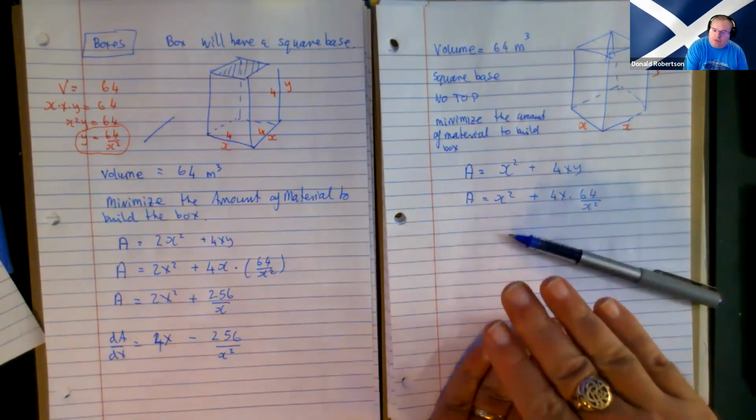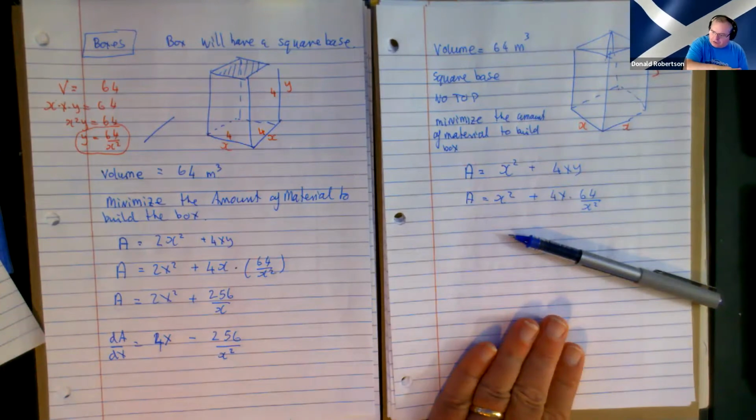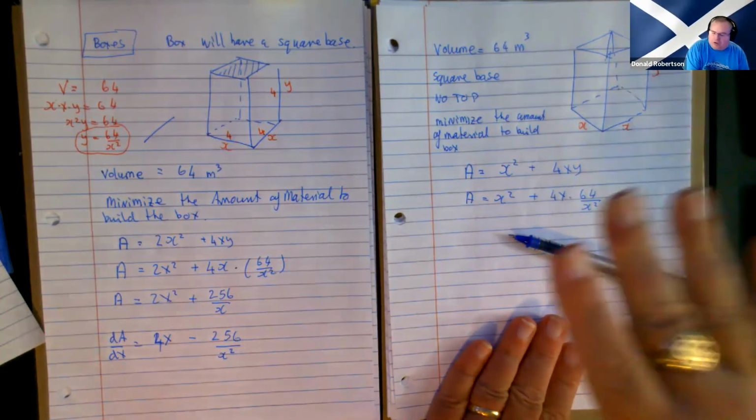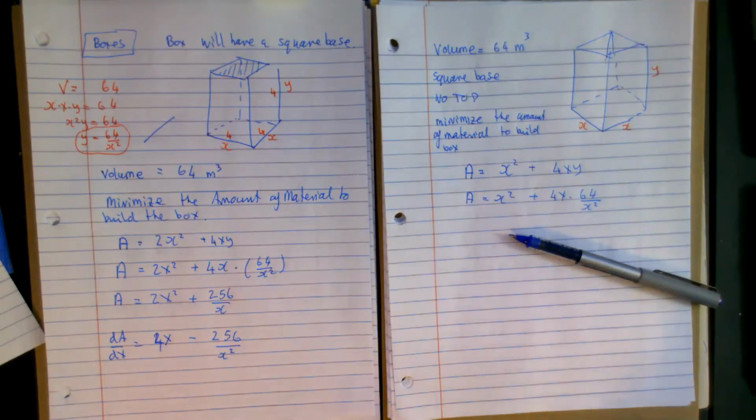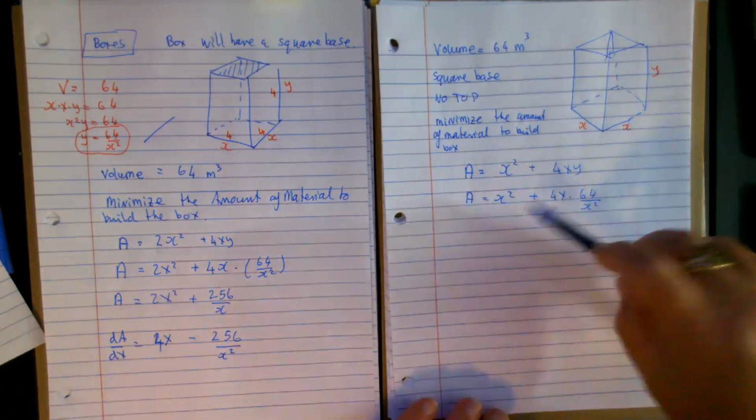Do you think the box is going to get taller because there's no lid, or do you think it's going to get smaller because there's no lid? What's your gut feeling? Taller. Okay, let's find out.